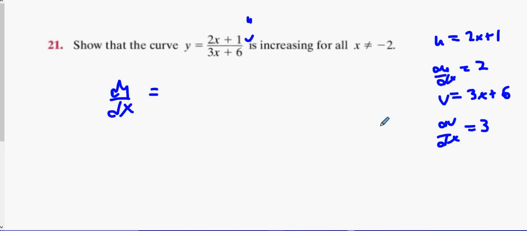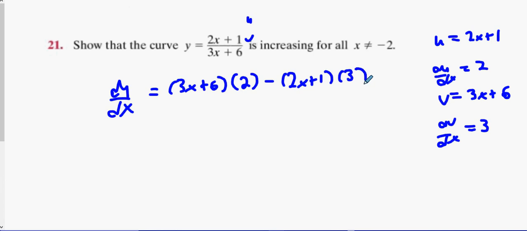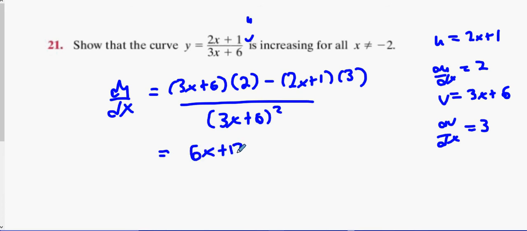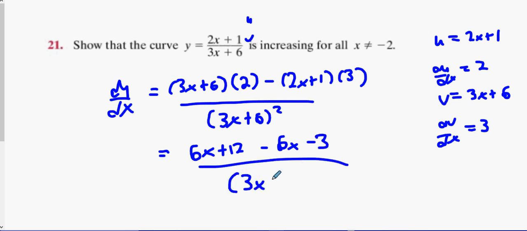Go with that. v times the du/dx minus u times the dv/dx, all over v squared. No bother. 6x plus 12 take away 6x minus 3, all over 3x plus 6 all squared.